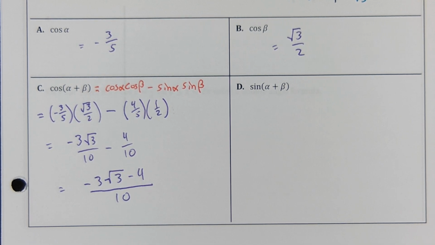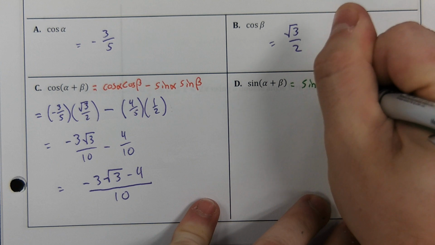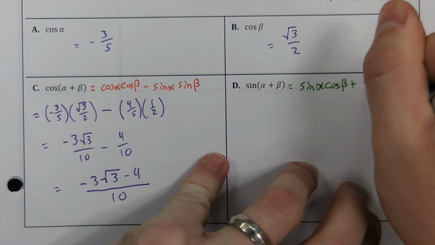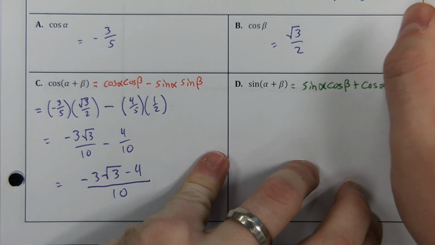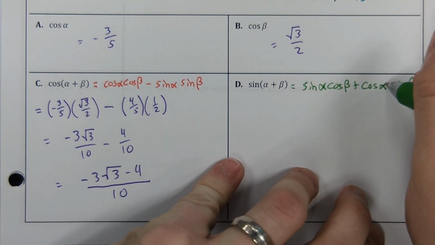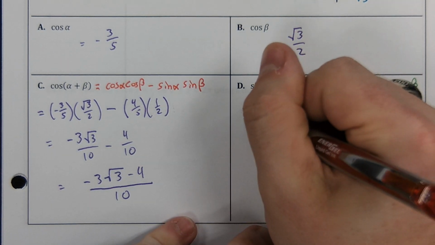Sine cos, cosine, same symbol. But then we can just fill it out because we know everything. We know all of its stuff.